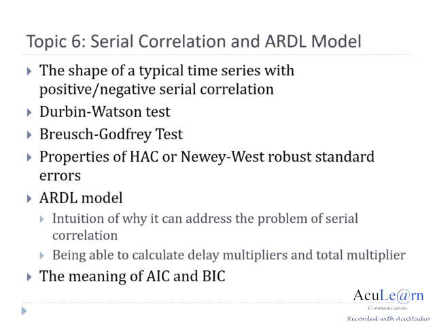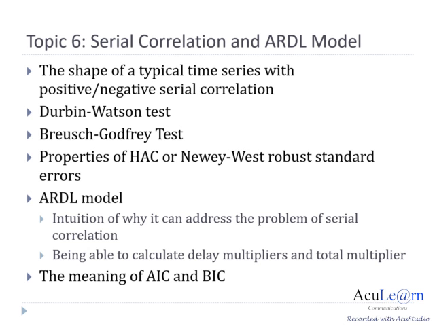To address this problem, you can do weighted least squares, but weighted least squares for time series is a little too complicated, so I didn't include it here. Or you could use HAC or Newey-West robust standard errors.